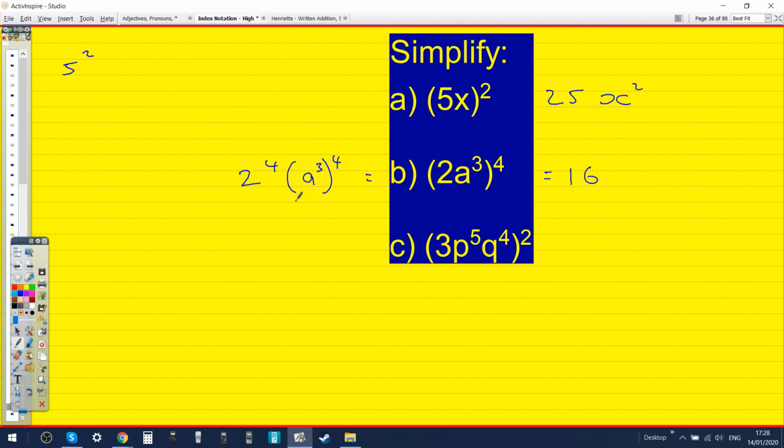3. So 3 times 5. Each 5 times is 15. No, almost. So it's a cubed to the 4. A to the 3 to the 4. 8. 6.